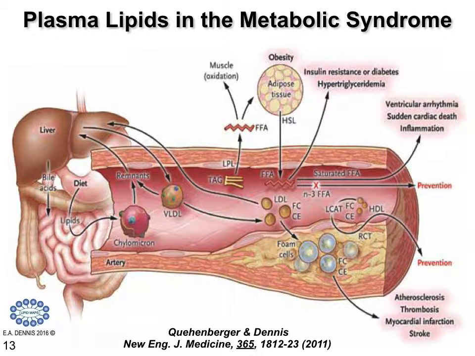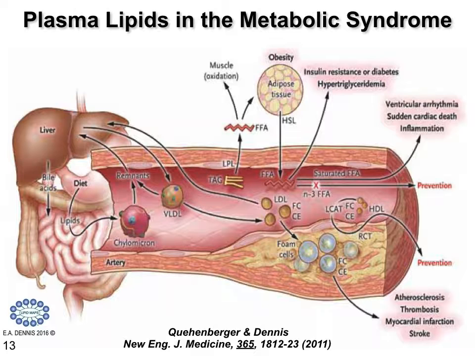Shown here is the role of lipids in obesity, in adipose tissue, their importance in insulin resistance and diabetes, and the effect on various cardiovascular diseases, including atherosclerosis, thrombosis, myocardial infarction, and stroke, and as a general component in inflammation.